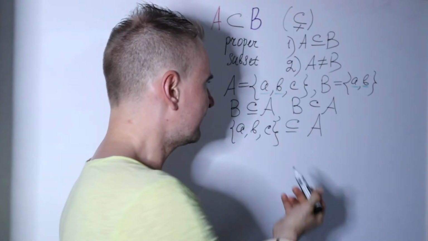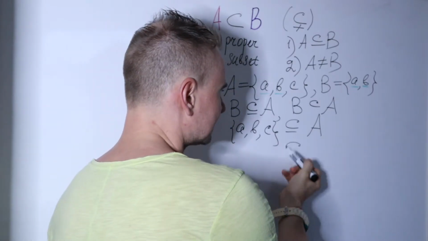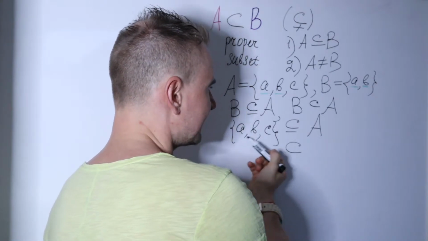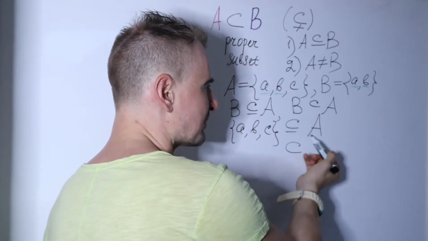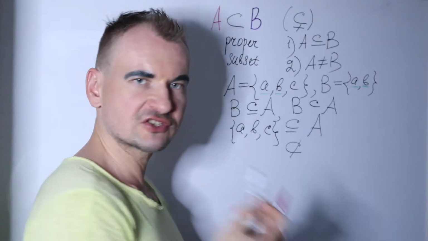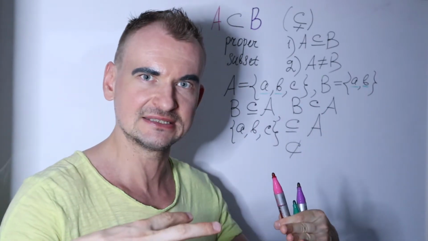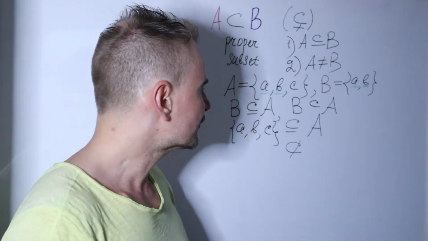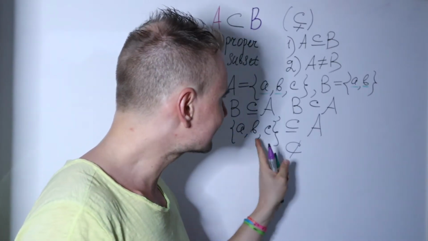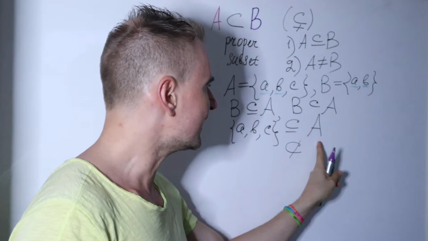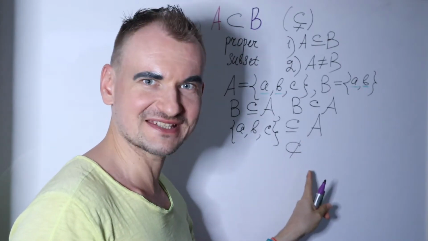But when it comes to proper subset, you cannot say that this set is a proper subset of A, because it's not completely inside of set A. So it's a subset of A, but it's not a proper subset of A.